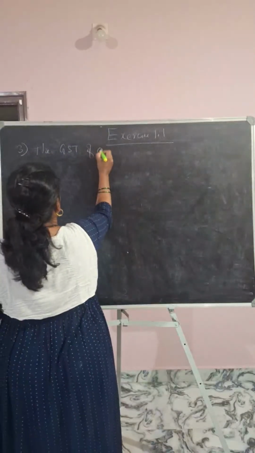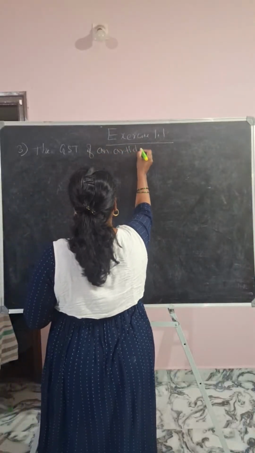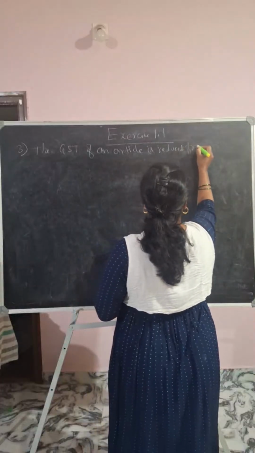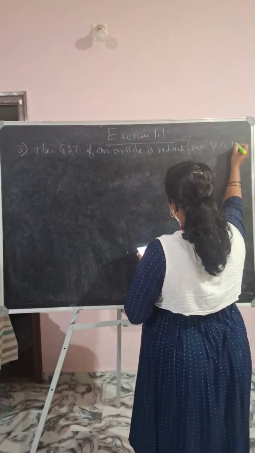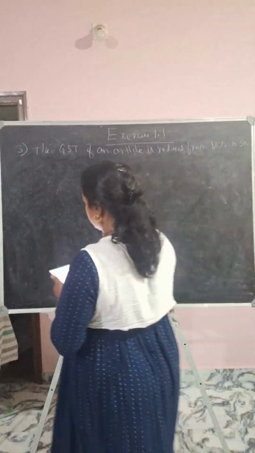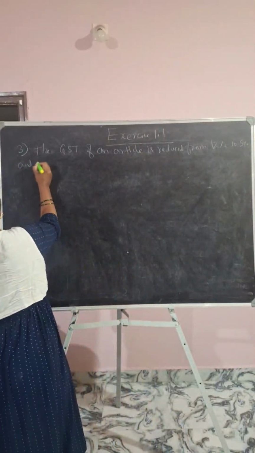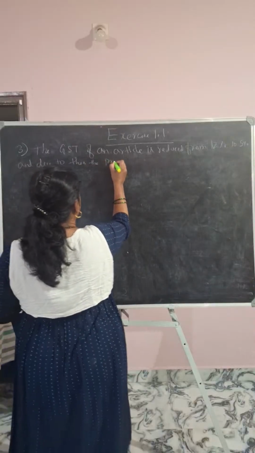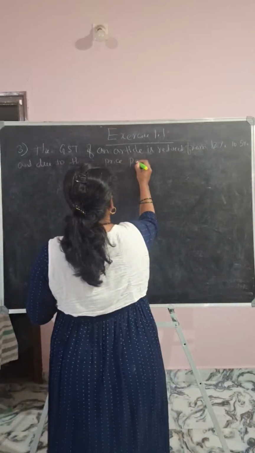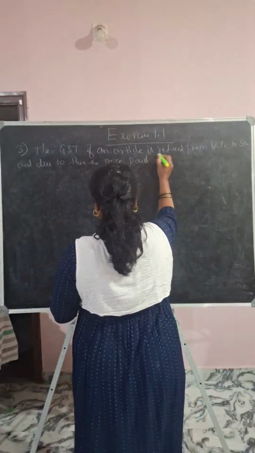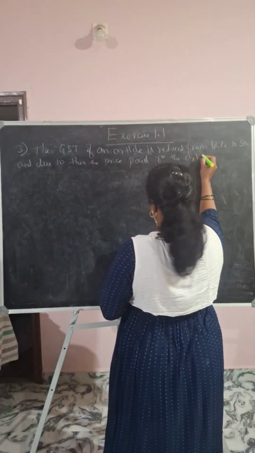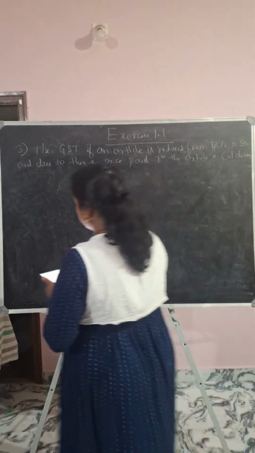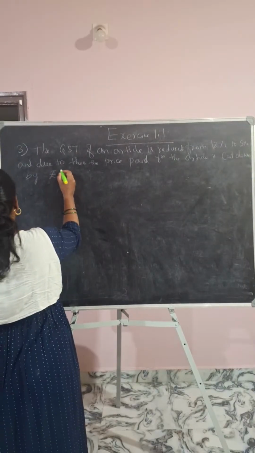The GST of an article is reduced from 12% to 5%, and due to this the price paid for the article is cut down by rupees 14.